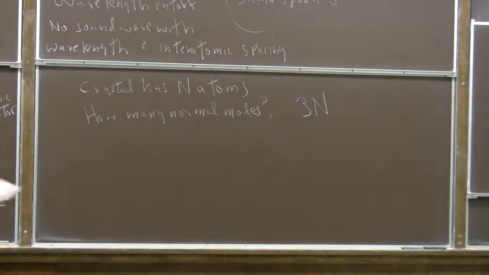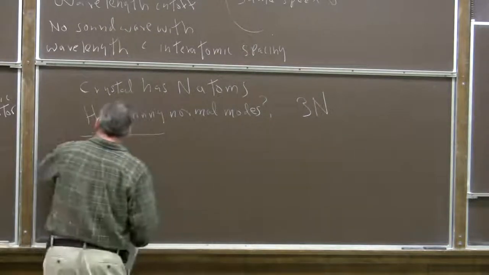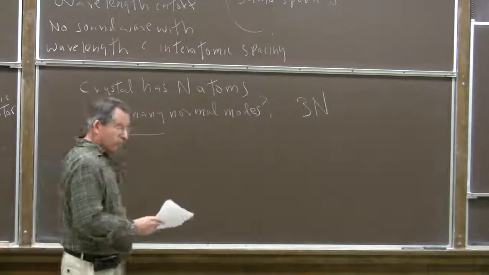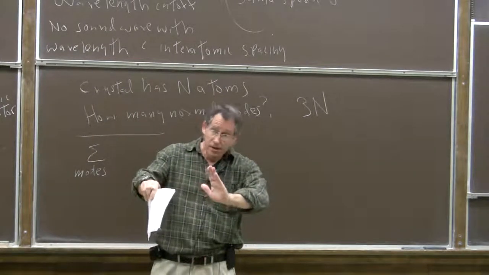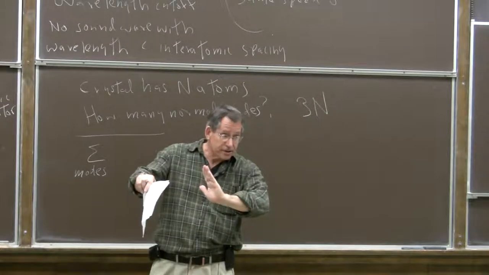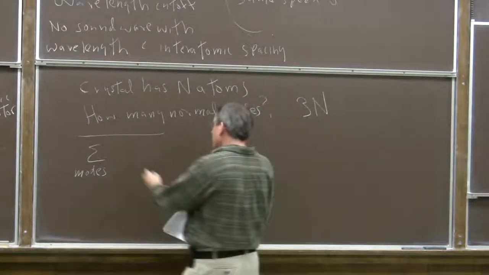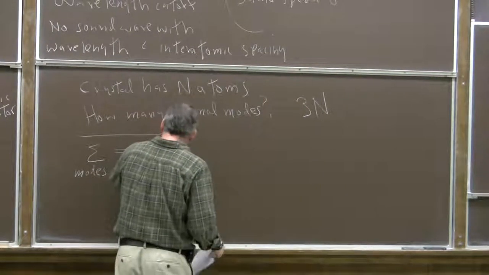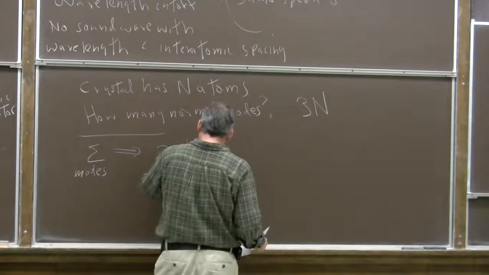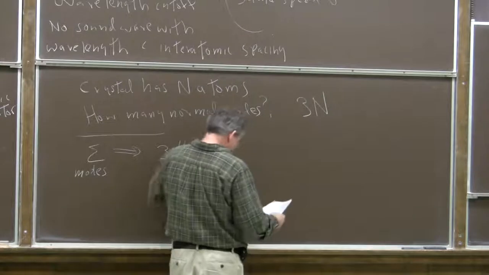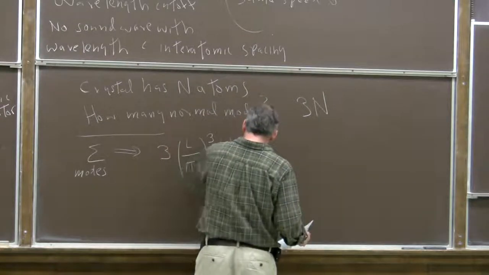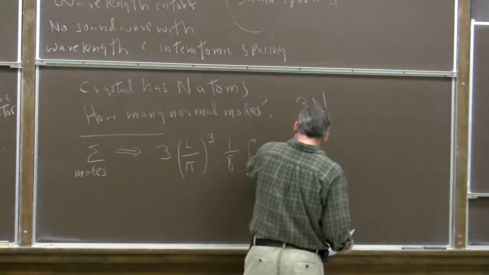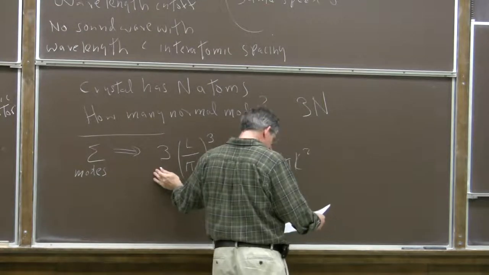So when I sum over modes, it's just like when we were counting the modes for the electromagnetic field, except now we have 3 polarizations instead of 2. So I'll have (L over pi) cubed and 1/8, and integral dk 4 pi k squared, just like before, except a 3 instead of a 2.